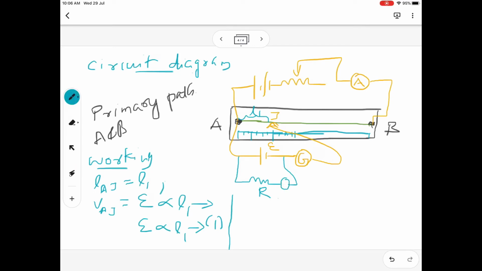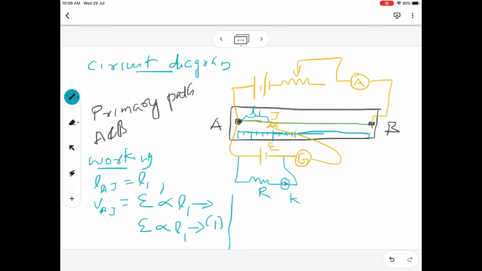Now for the second step, we close the key K, which is next to the external resistance, so that this external resistance will start drawing a current from the cell connected, say of EMF E. And now again ensure opposite deflections.